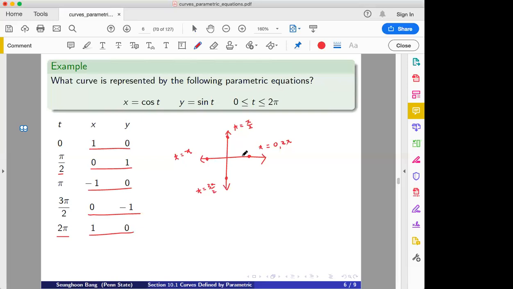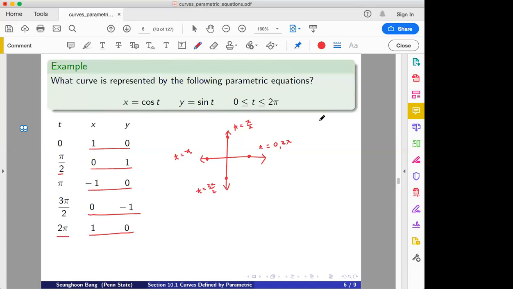How can you know this is a circle? You have to convert x equals cosine of t and y equals sine of t to f of x, y equals 0. So what does it mean? You have to eliminate the t values.